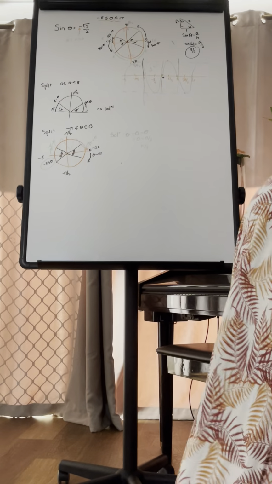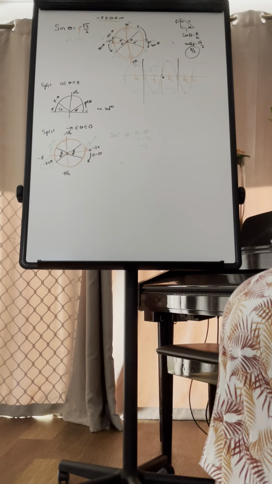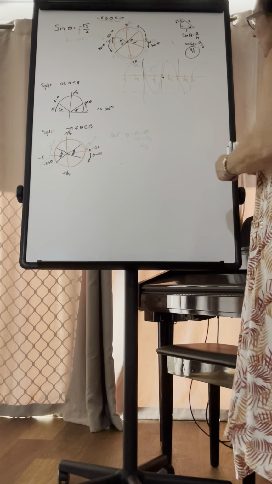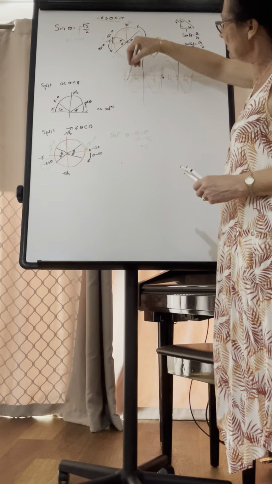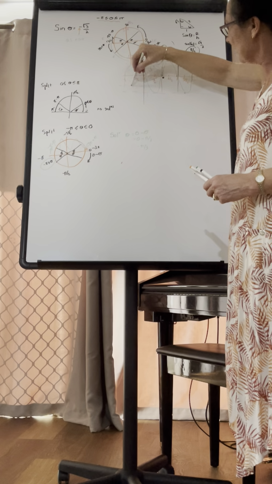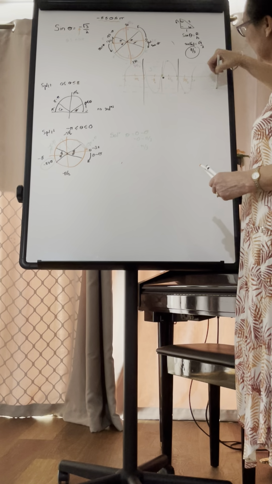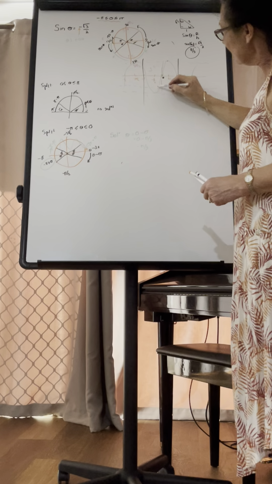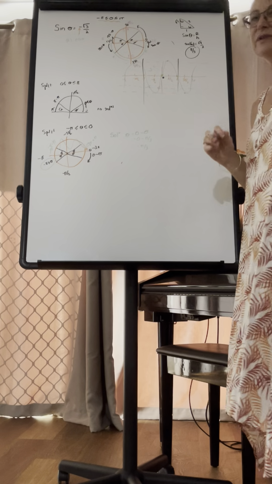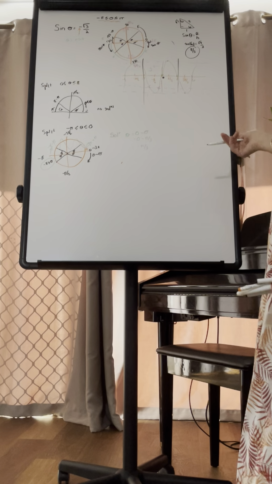If you remember, root 3 on 2 is about 0.88, so we're sort of about here. So if you have a look in here, we've got none, but we do have 2 solutions. It's a double check. Check what you've got.